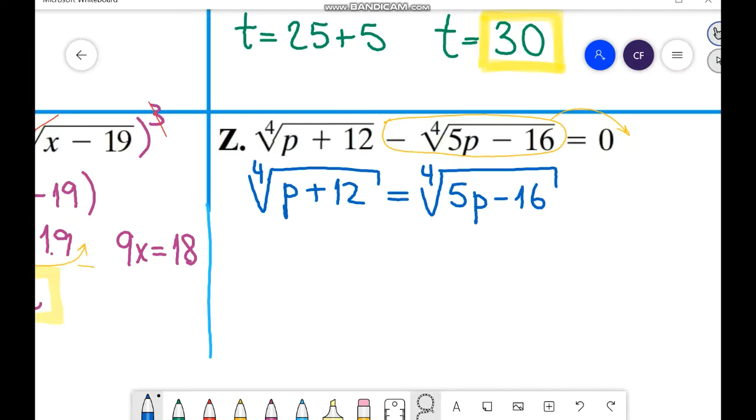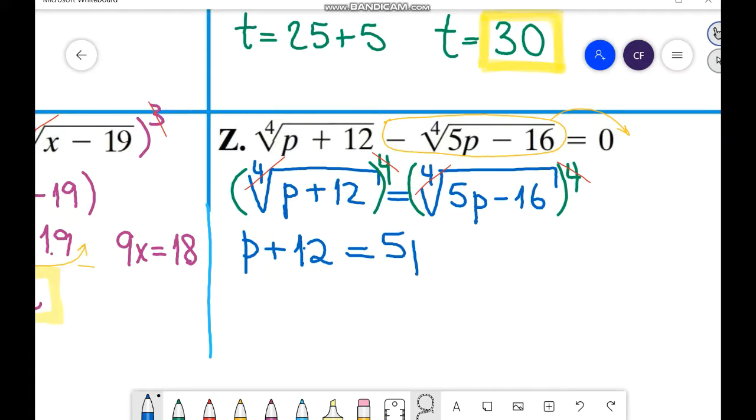Okay? Apply the power of 4 to both sides like this, because you can simplify. And you're going to get p plus 12 equals 5p minus 16.